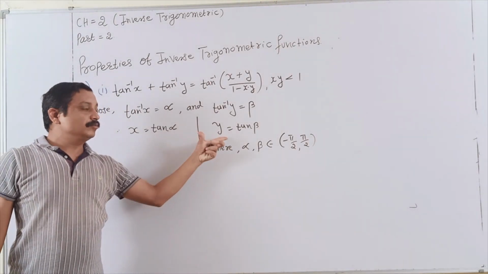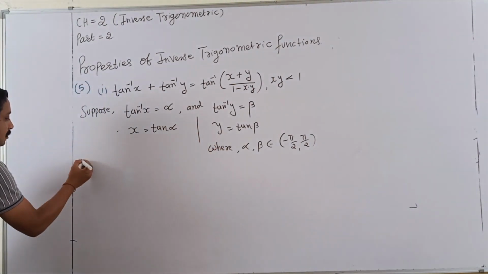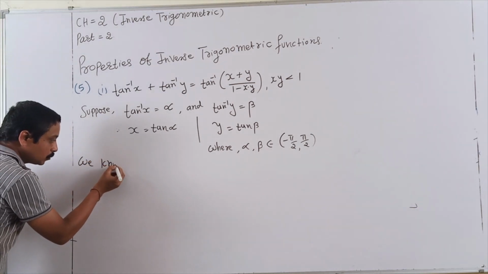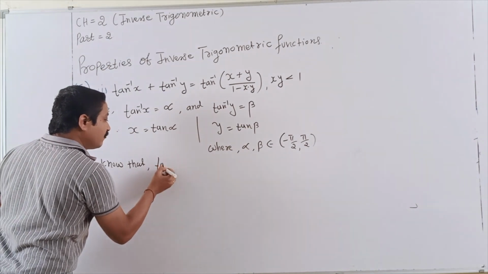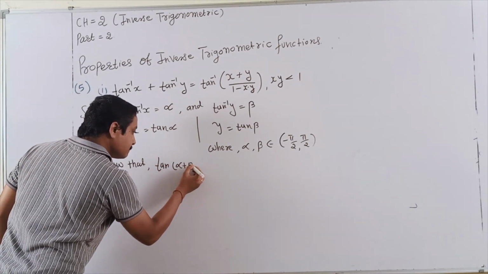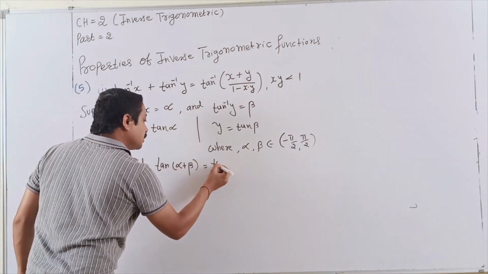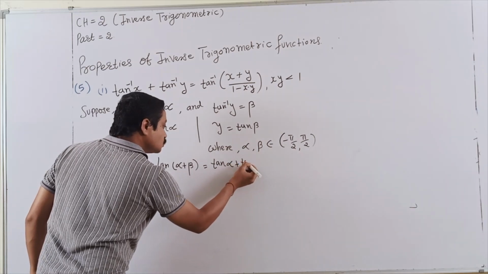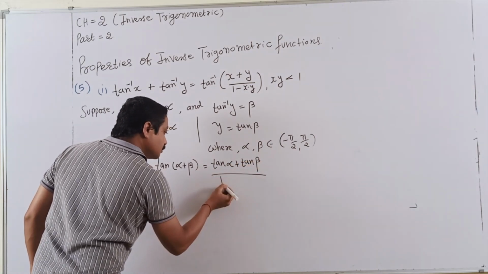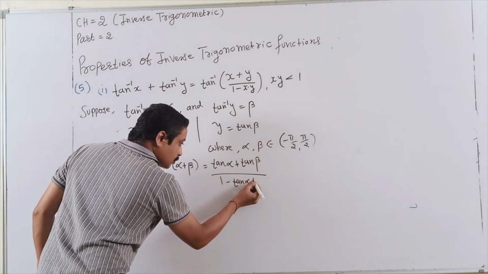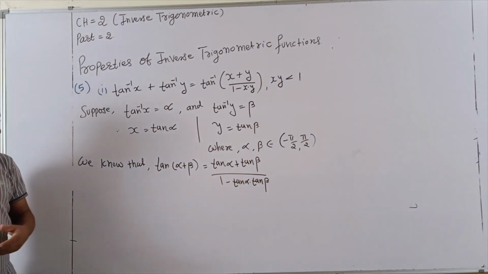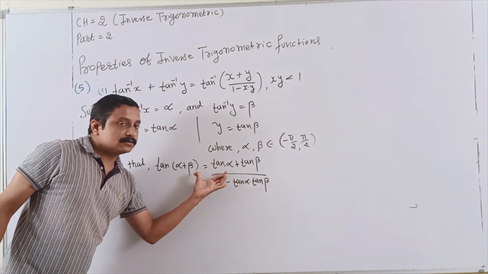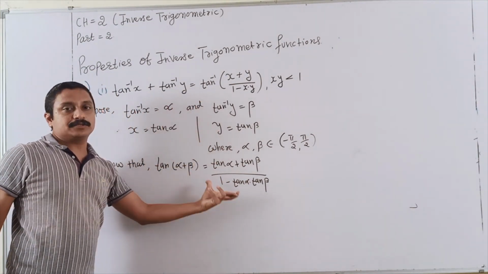Now apply the standard formula to these values. We know that tan(alpha plus beta) is equal to (tan alpha plus tan beta) upon (1 minus tan alpha tan beta). Yes students, just apply these values.